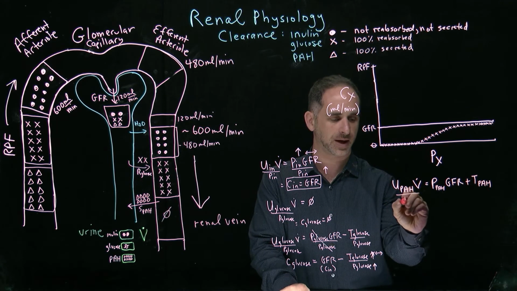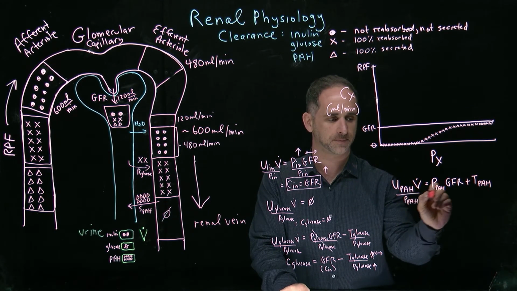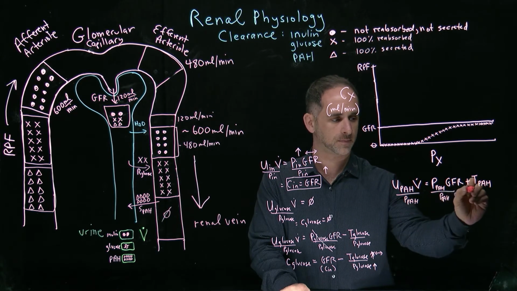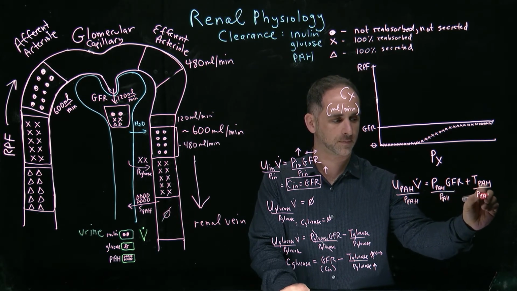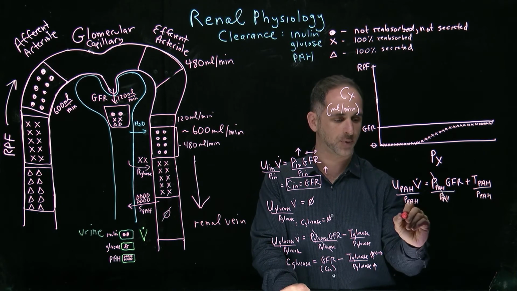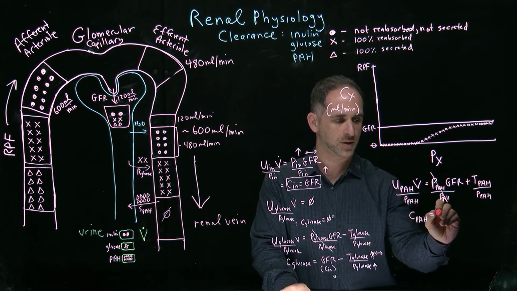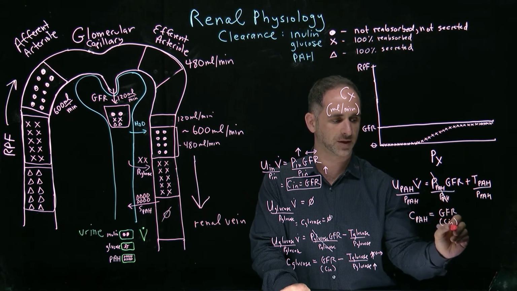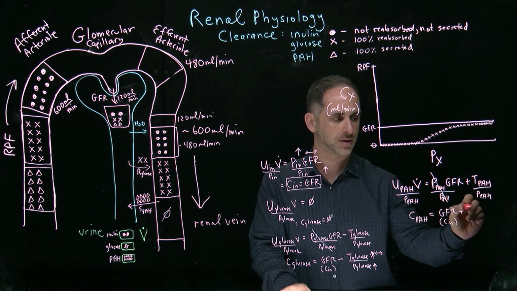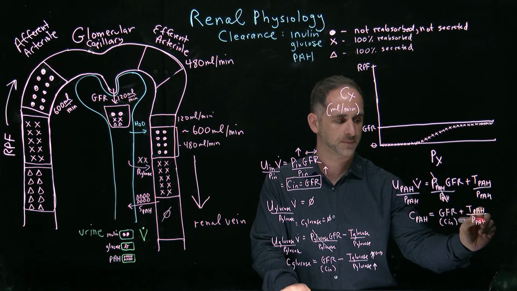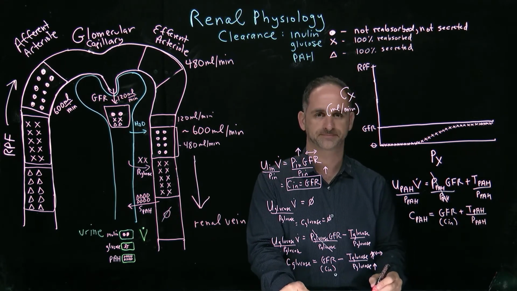So if I divide everything by the plasma PAH, I end up with the clearance of PAH is equal to the GFR, which is, again, the clearance of inulin, plus the transport of PAH divided by the plasma concentration of PAH.